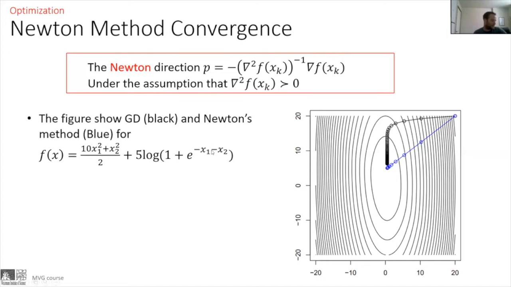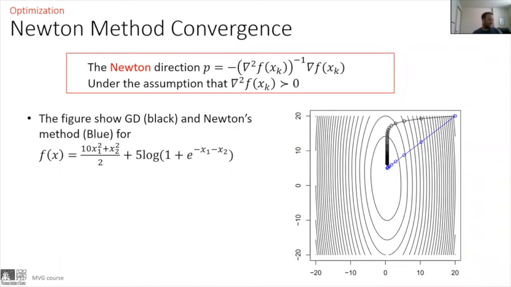If you took a quadratic function, Newton would converge in a single step, right? Yeah, exactly. Everyone understood, because we actually take the second order approximation of the function. So if it was quadratic, the second order approximation was the function itself. So we would converge in one step.